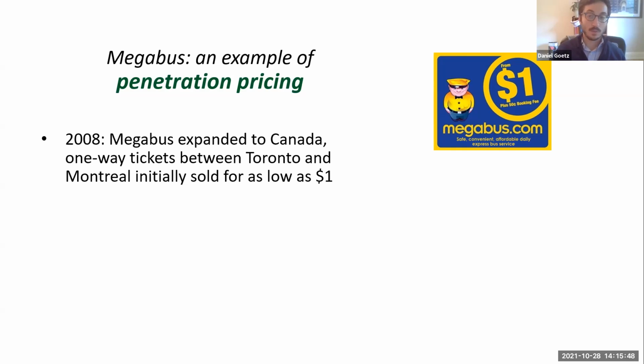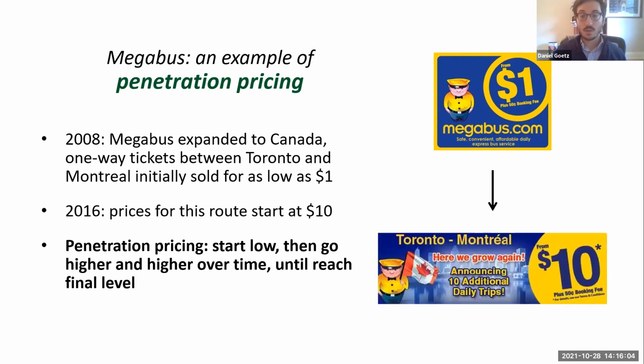So you can drive for $1 on one of these buses in 2008, all the way from Toronto to Montreal. And by 2016, the prices start at $10, which is still quite cheap, but definitely higher, right? So this is an example of penetration pricing where we start low and then we go higher and higher over time until we reach some kind of final level, okay?